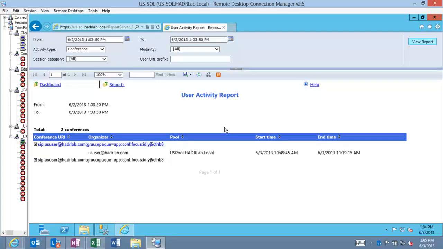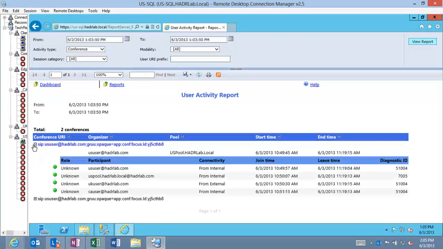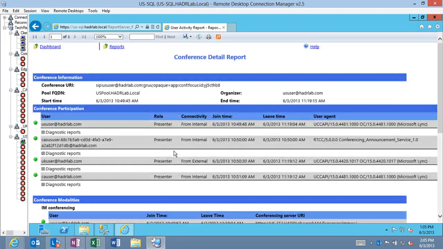You can see how many people might have had the experience, if it was the person receiving or the person sending. And so in this, we have the conference URI, where immediately we can go in and find out who was joined to that conference, when they joined, when they left, what kind of experience did they have. But we can also drill into that. And we get a lot of information here.